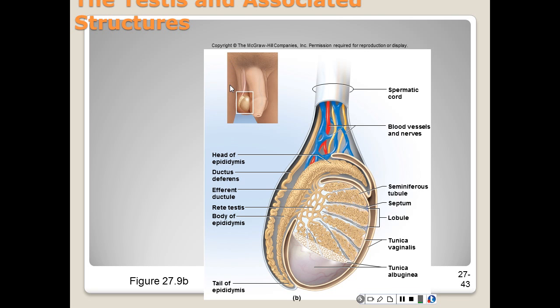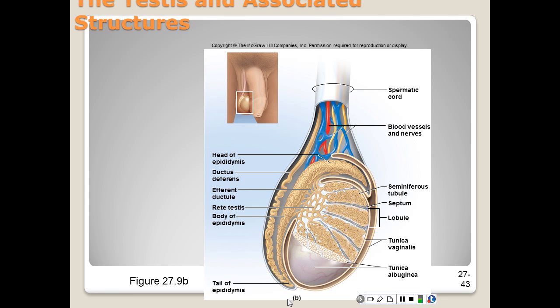It unites with the duct of the seminal vesicle. The duct has a thick wall of smooth muscle innervated by sympathetic nerve fibers.